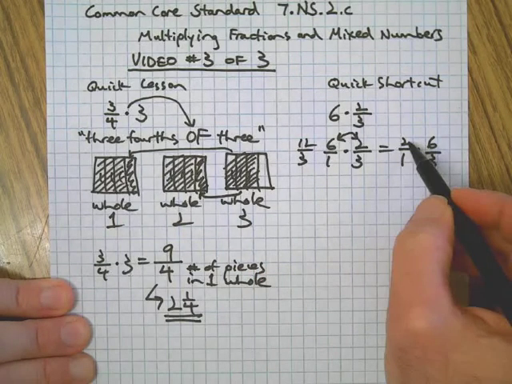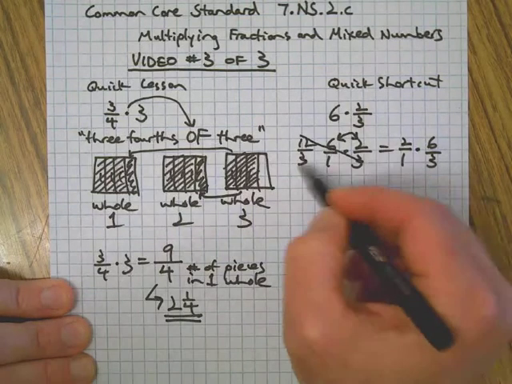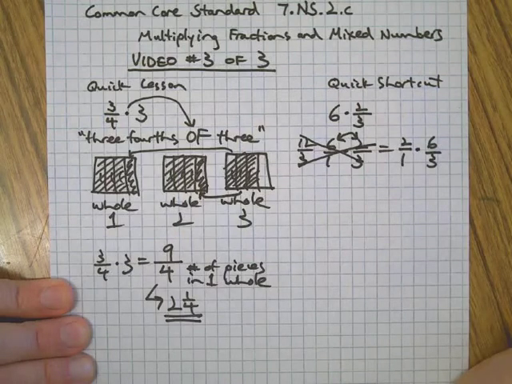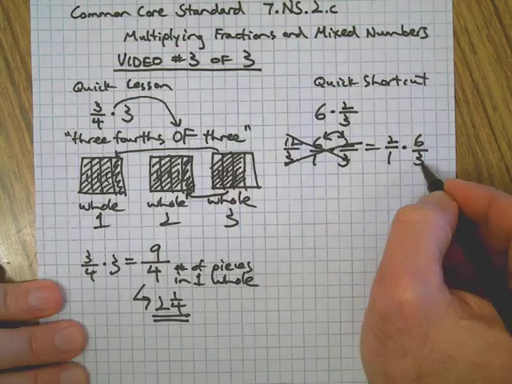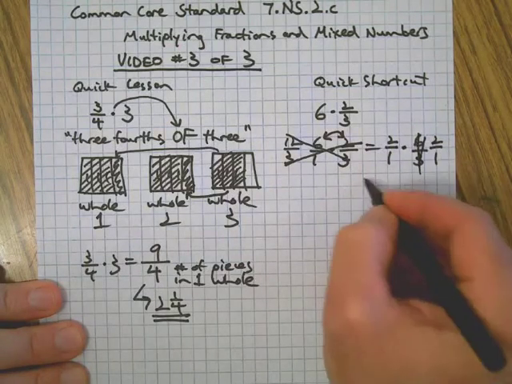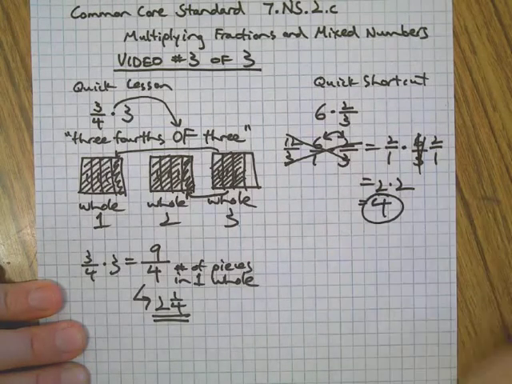Same thing would happen over here. 2 times 6 is 12. But if you rearrange it like this, you can simplify ahead of time. See how 6 over 3 is the same as 2 over 1? And then really all this problem is 2 times 2, which is 4.